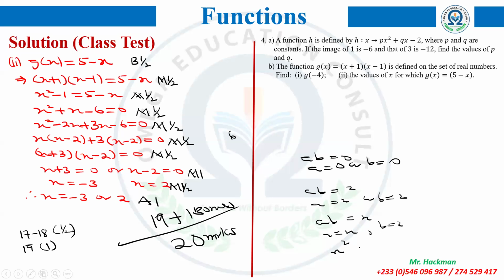I can't get X. You get the point? So you cannot do that. The only situation where you can equate your factors to whatever you have here is when what you have here is 0. So that's the more reason why we have to expand and take everything to one side, because you want this side to be 0 before we can factorize and equate it to 0. Is that clear?